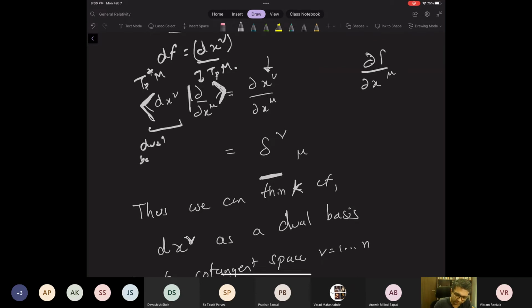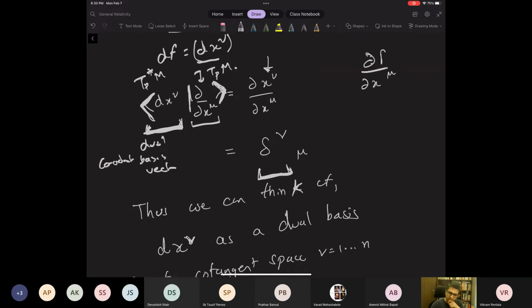So now you can think of dx nu as a dual basis vector, a dual coordinate basis vector, in the sense that if I take my original coordinate basis vector and take the dot product with this dual vector, the result is just delta mu nu.